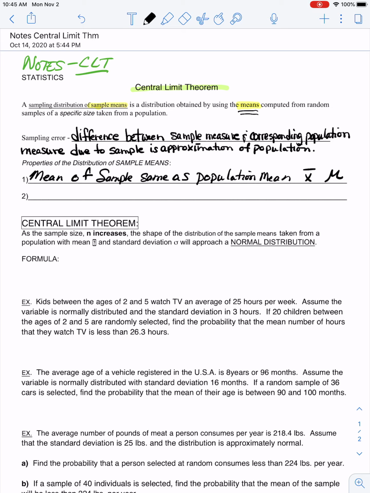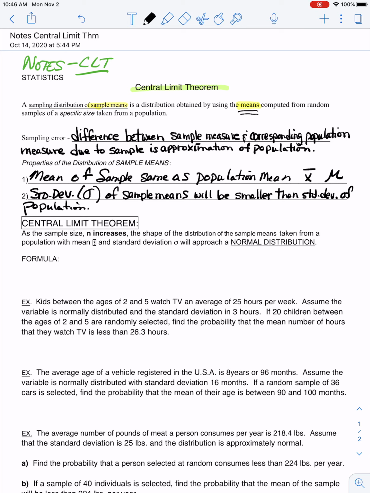Okay, secondly, the standard deviation, our friend sigma, of the sample means, so not just the data, but of the actual sample means, will be smaller than the standard deviation of the population.